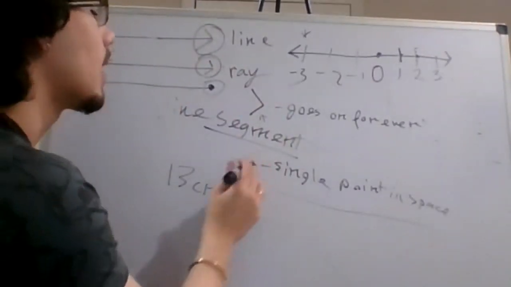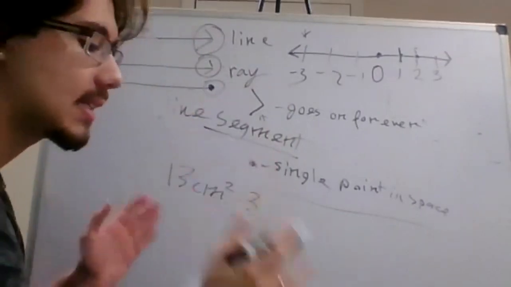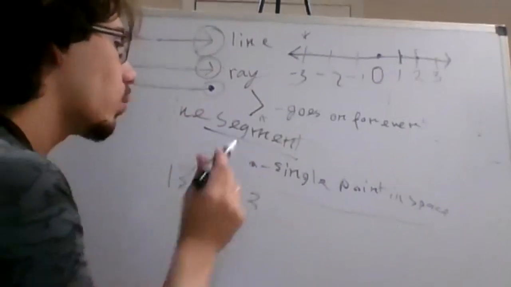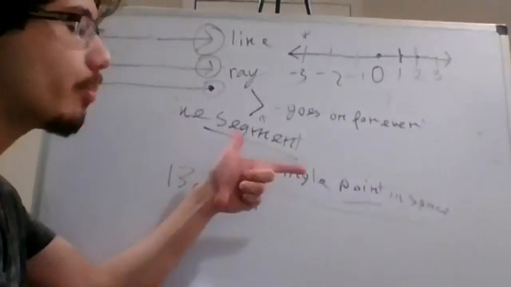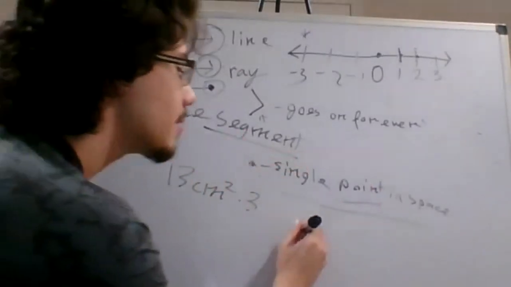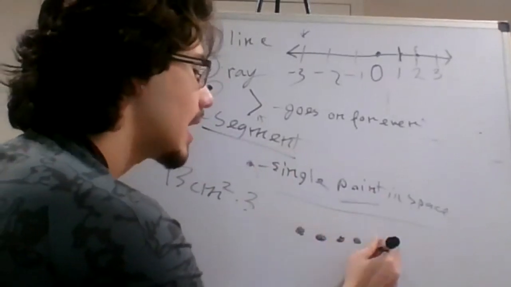So points are different from lines in that sense. Now the word point is similar to how you would usually say point. If you were to point in a direction, what it describes is that you have multiple points in a line.